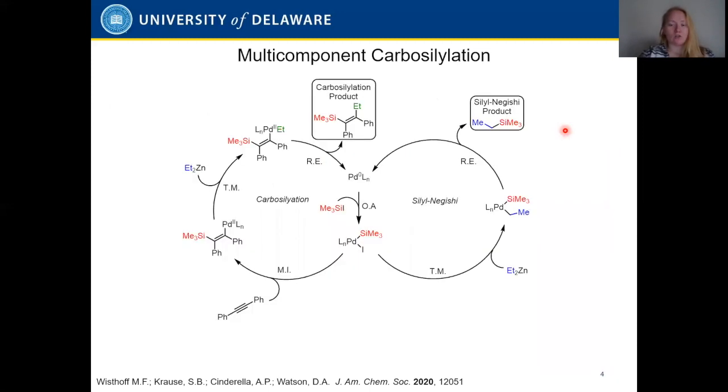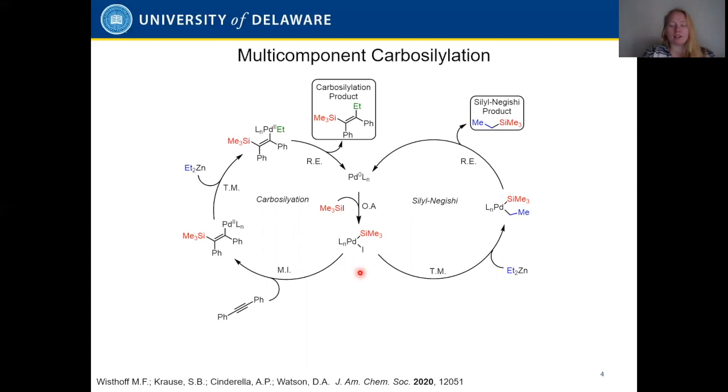So my colleagues took a look at the possible mechanistic pathways, and they hypothesized that the palladium zero catalyst undergoes oxidative addition with the silyl electrophile to get this complex here, and then you've got two competing pathways. Either a typical Heck migratory insertion with the alkyne, followed by transmetallation with the zinc nucleophile and reductive elimination to get your product, or the minor pathway in which transmetallation occurs directly with the zinc nucleophile, followed by reductive elimination to generate your Silyl-Heck product.